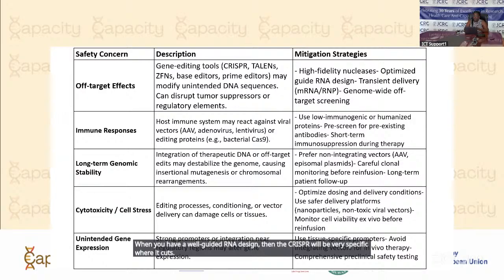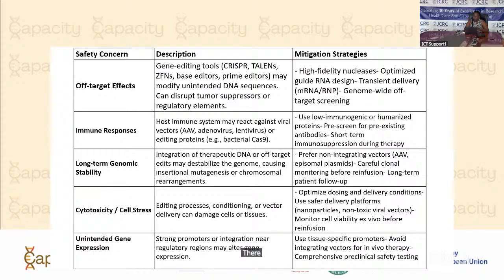Then we also have to worry about immune responses to the different delivery tools. For example, I've already talked about AAV, even the lentivirus itself. There is a possibility that the hosts or the individual that is receiving these gene therapies may elicit an immune response against them.